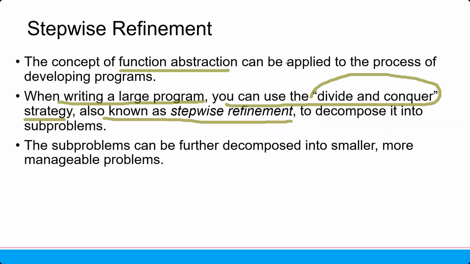It means when I have a project to build like Monopoly, then I can make some functions, maybe a function about users, a function about the city, a function about the money. We call them subproblems. And the subproblems can be further decomposed into smaller or more manageable problems. For example, I have the function for bank, I have the function for the user, and so on.